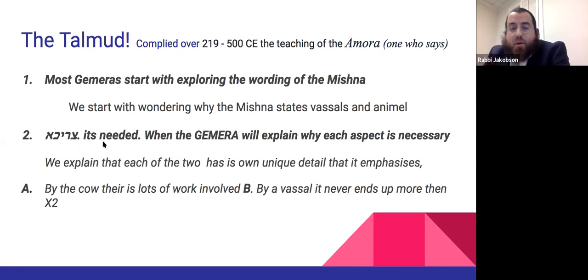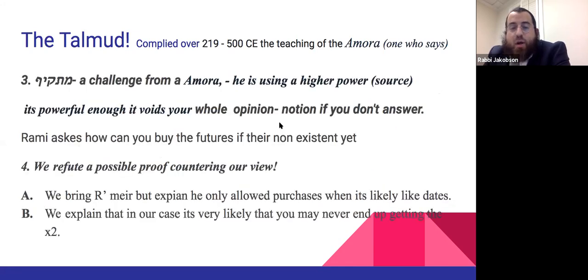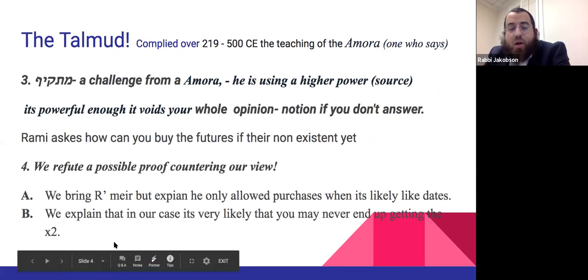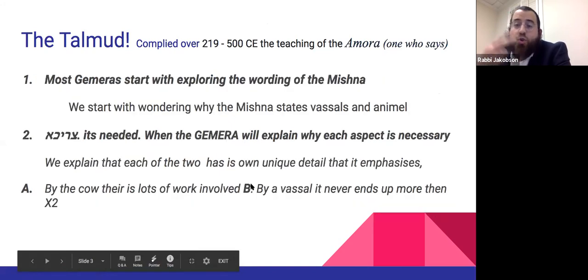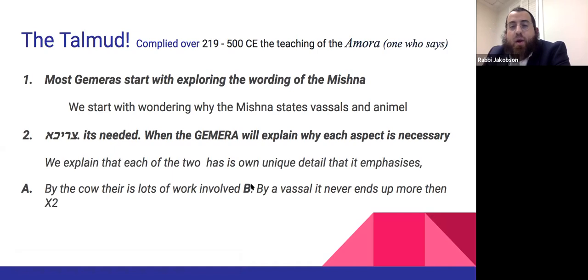So we pointed out the idea of a tzricha, it is needed, or a tzrichusa, which is when the Gemara will explain why each aspect is necessary. That usually comes up in a case where there are two rules, one of which seems extra, or in our case a Mishnah that has two words, and our goal is to explain the uniqueness and individuality of each one, why each one is necessary and why each one is important.